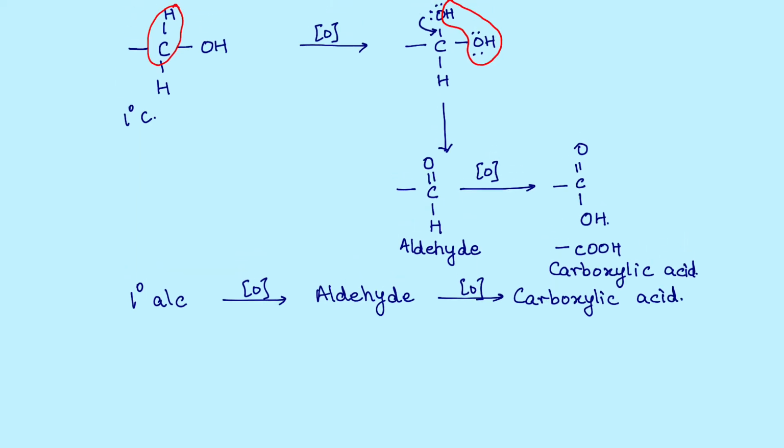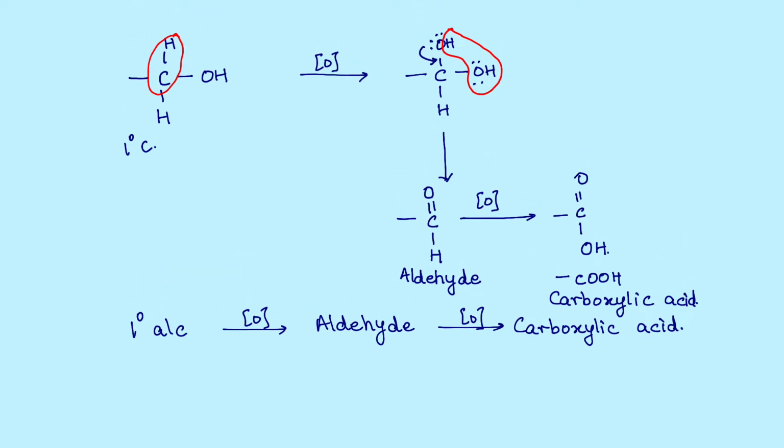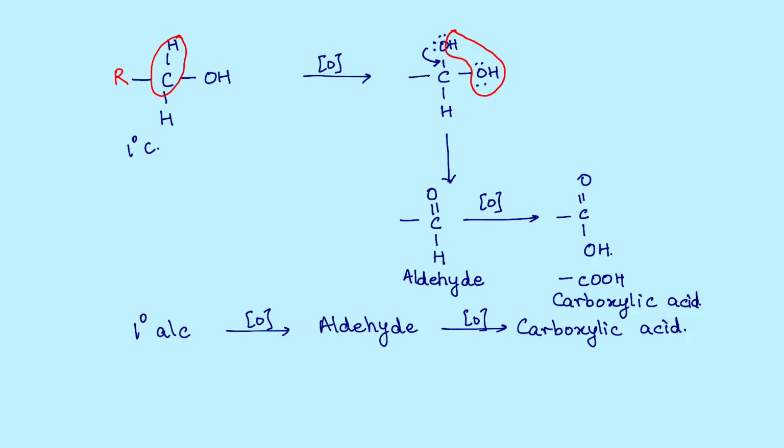Let us look at the number of carbon atoms. So let us suppose I start with some alkyl group over here. RCH2OH, this is my original alcohol. This has now got converted into RCHO. That's my aldehyde.